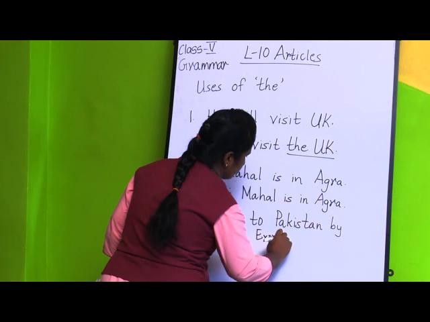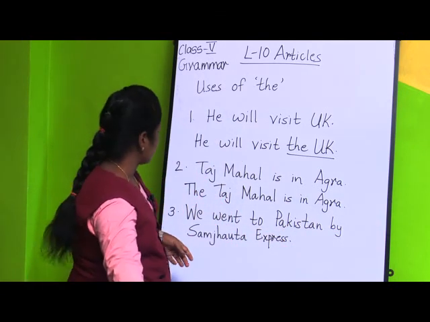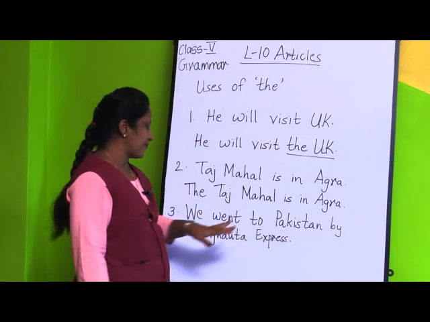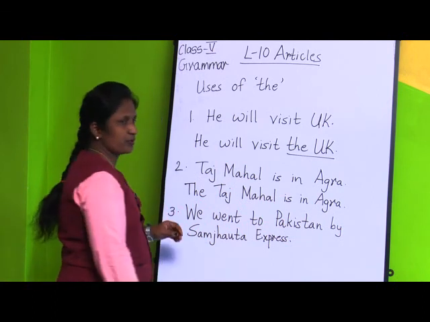Now here if you see, it is the name of one train. So where you are going to use the article the, we went to Pakistan by the Samjhauta Express, because we are talking about a train.